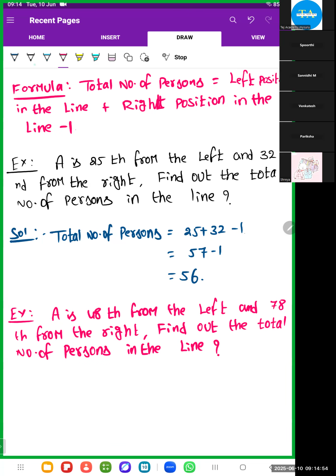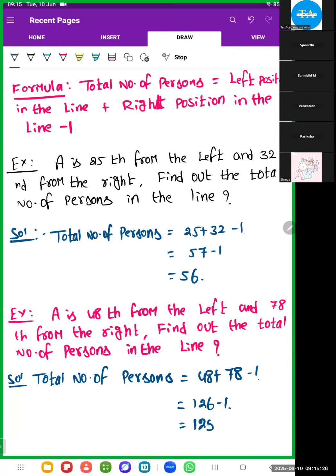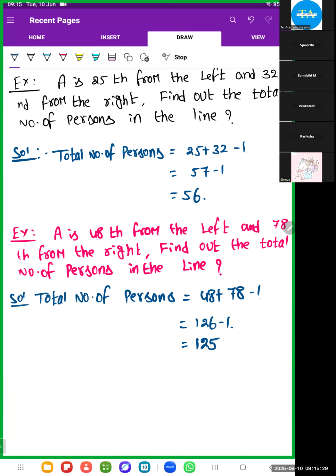Yes, ma'am. Very good. So total number of persons, the formula: position from the left plus position from the right minus 1. So total number of persons is equal to 48 plus 78 minus 1. 126 minus 1 is equal to 125. Clear? Anyone have any doubt?